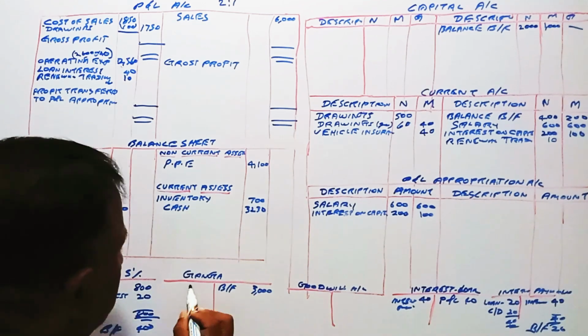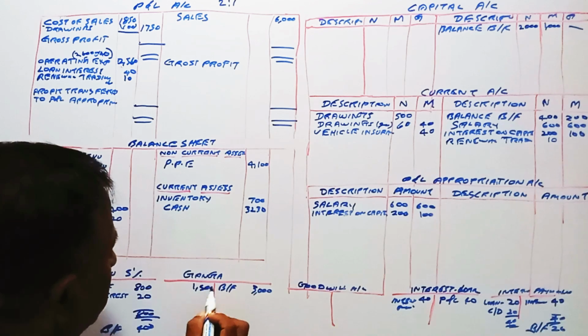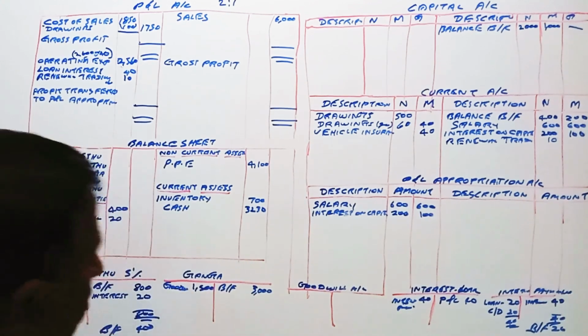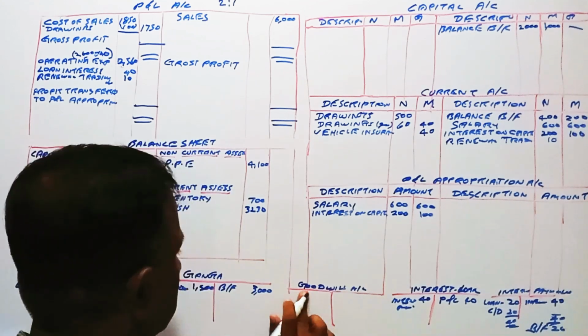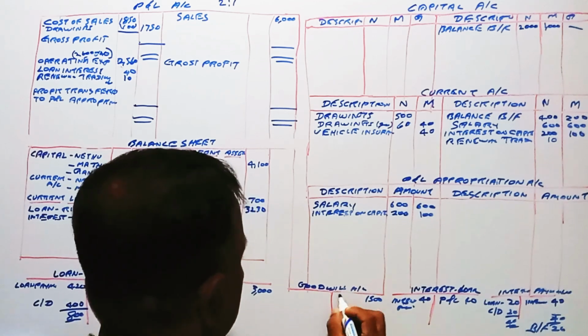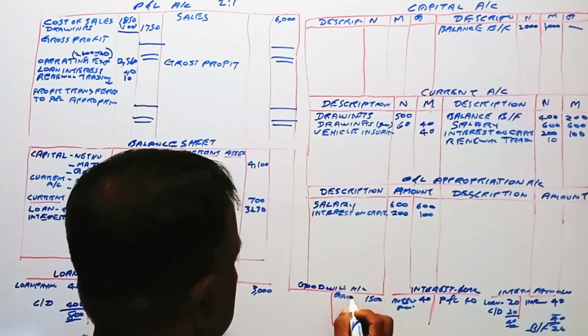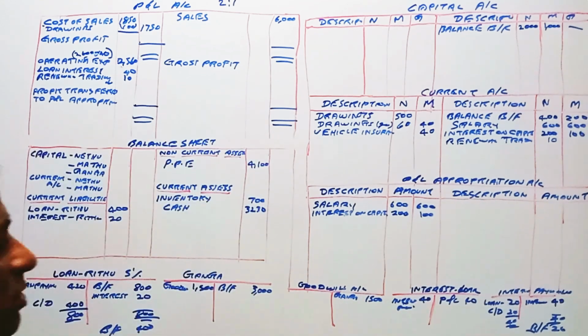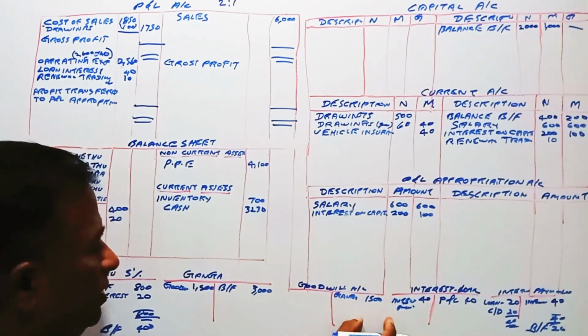So we had to remove the 1,500,000 from Ganga's account, goodwill account. Goodwill account credited 1,500,000, said Ganga. Ganga brought the goodwill of 1,500,000.